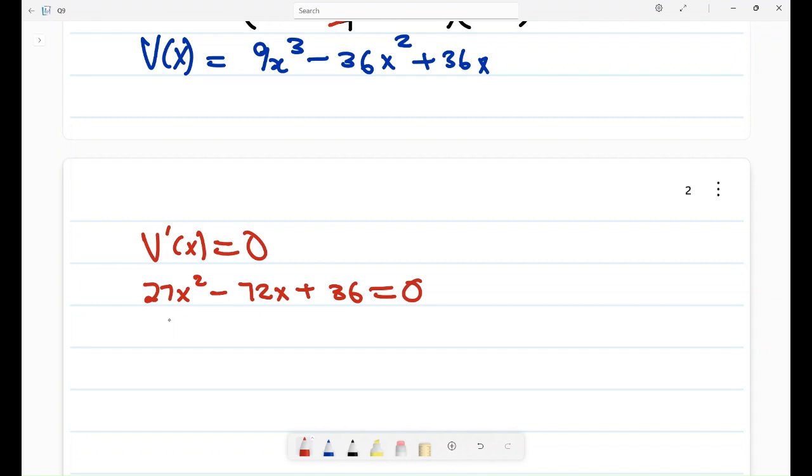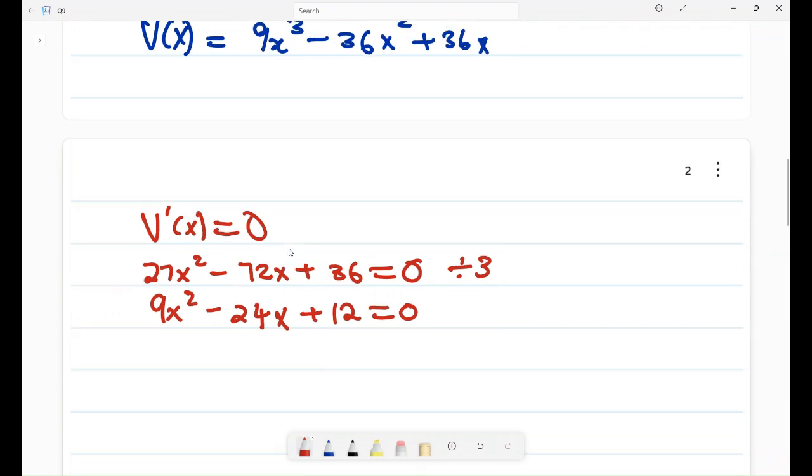So 3 might work. Dividing by 3, I have 9x squared minus, what is 72 divided by 3? I think it's 24x, then plus 12. Yes, I think yes.